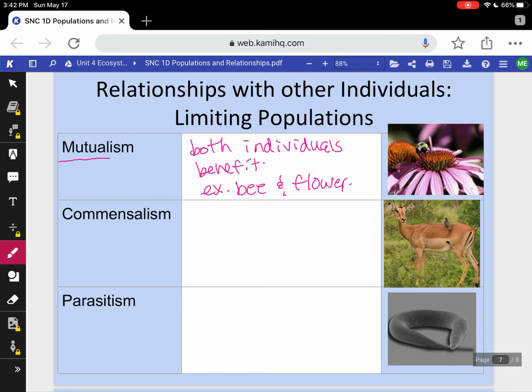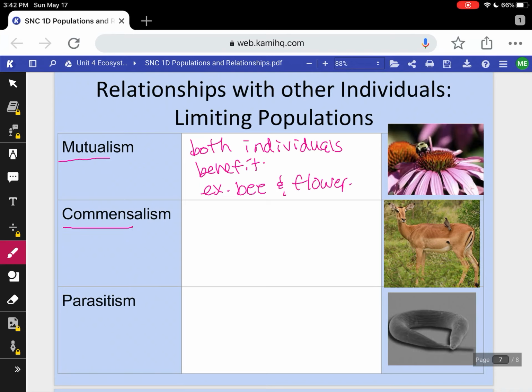A bee is able to land on the flower and get pollen from the flower, and that feeds the bee, so that's beneficial for the bee. But then the bee also is able to take that pollen and move it around to a larger area than the flower would have been able to move the pollen to, and so that's beneficial to the flower as well, to get the pollen out to a larger geographical area. And so that's a mutualistic relationship where both individuals are getting something out of their relationship.